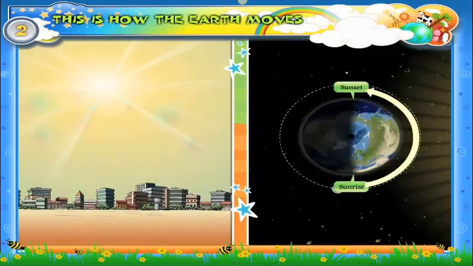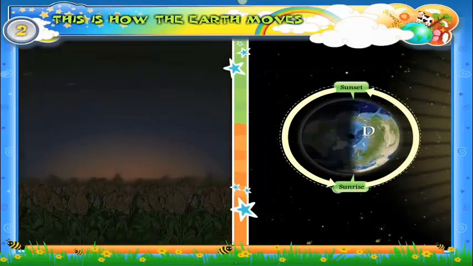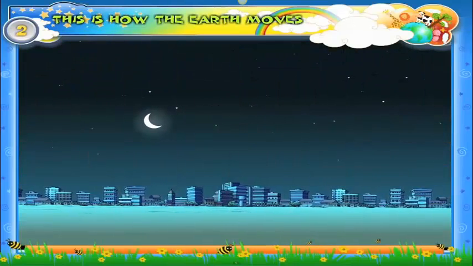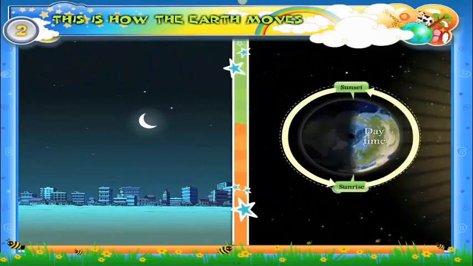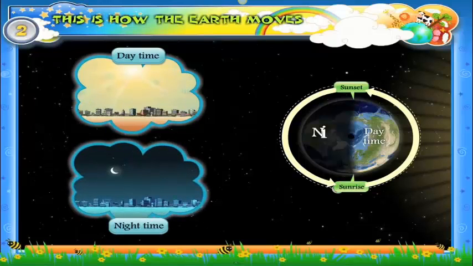The bright period of the day is called daytime. From sunset to sunrise, we do not see the sunlight. It is dark everywhere. The dark period of the day is called nighttime. Daytime and nighttime make a complete day.